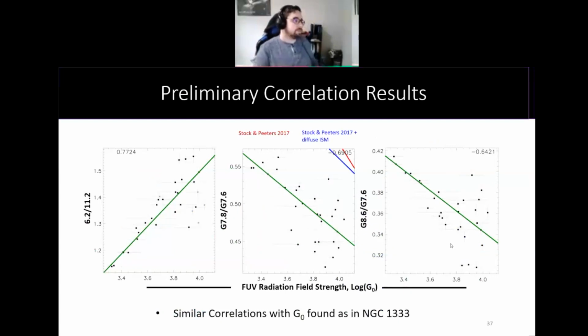However, we do have some preliminary correlation results to present. When we look at this ultra-compact star-forming region, we're able to reproduce the similar correlation with respect to G naught as was found in the reflection nebula NGC 133. However, we don't have any strong correlations with respect to gamma, so we need to revisit our models and see if we can come up with a physical explanation as to why our PAH observations and our ionization parameter observations don't really match up.